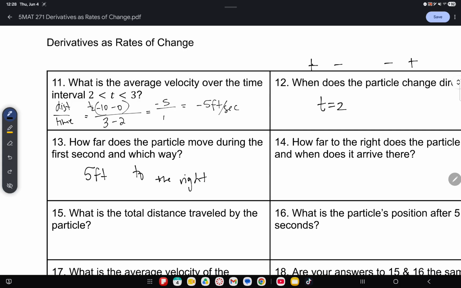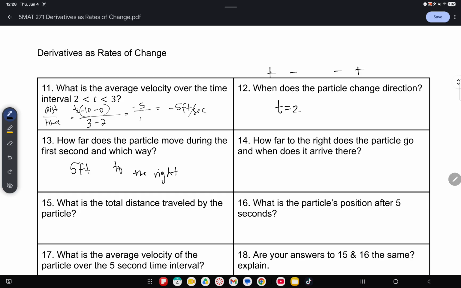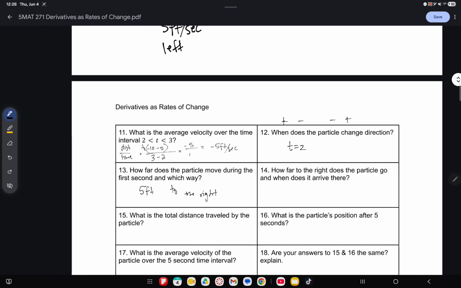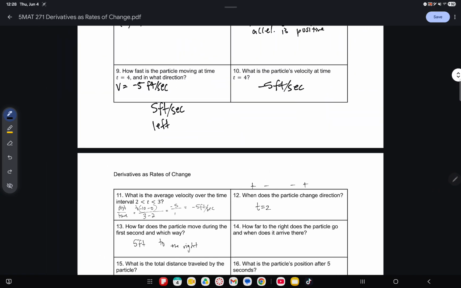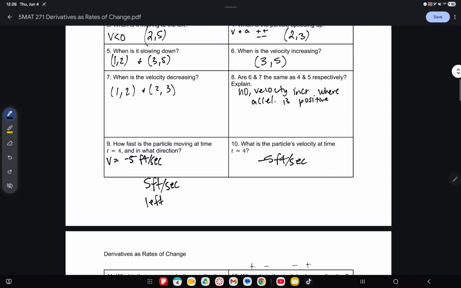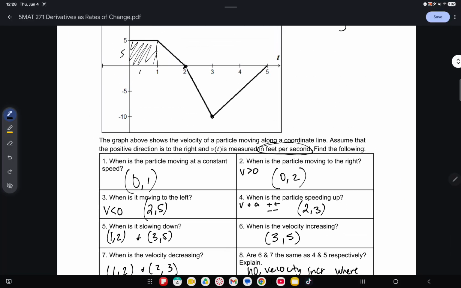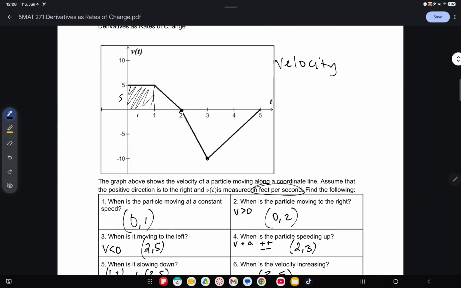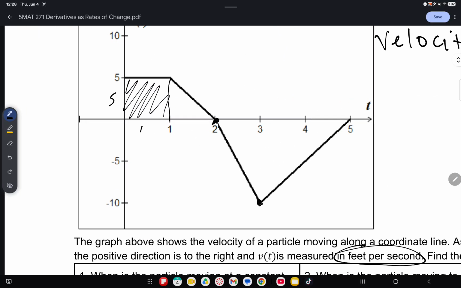How far does the particle go, and when does it arrive there? So let's find all those little areas. So I did say how far to the right. So I already know that first part is 5. Let's find this area. It's a triangle, so it's 1/2 base times height.